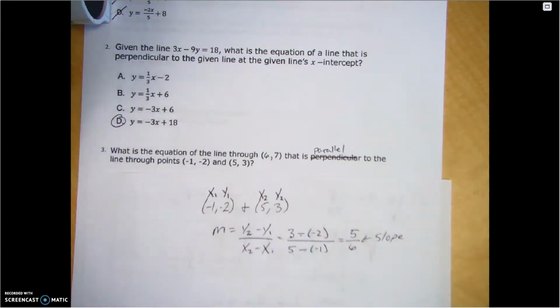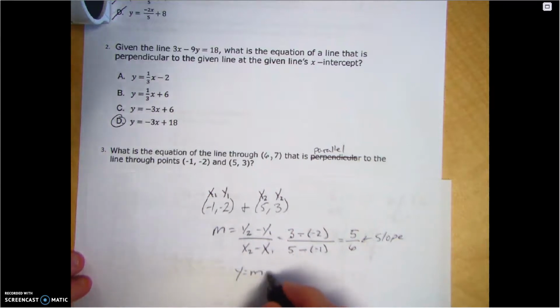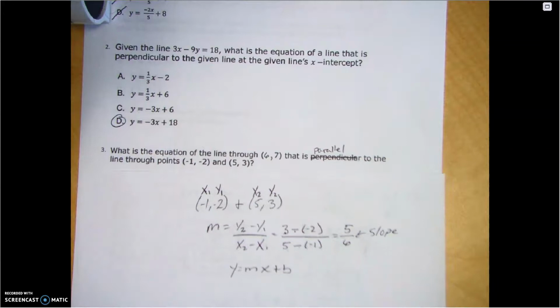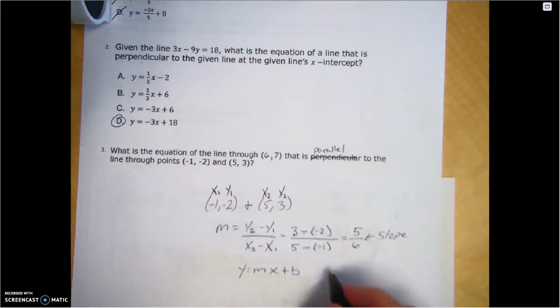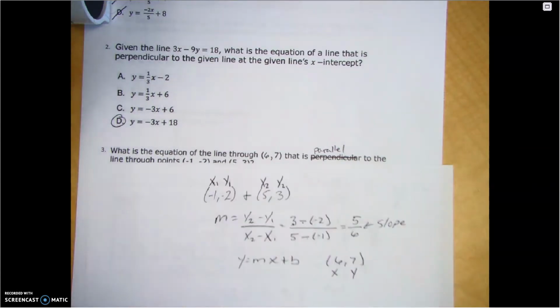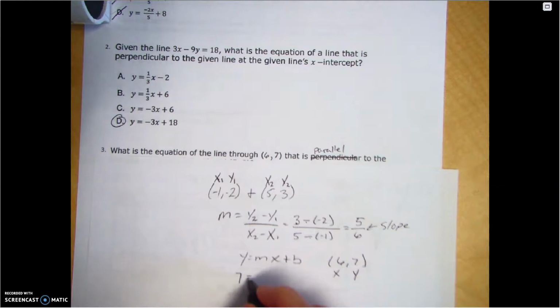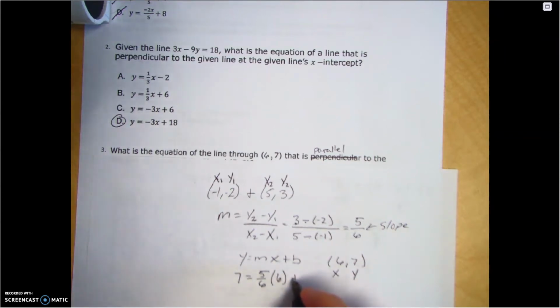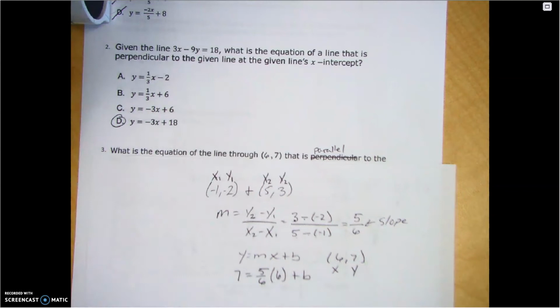And if it's parallel, I want to keep the same slope and put that slope into y equals mx plus b. I want to go through the points 6, 7. This is x, that is y. So my y is 7. My slope is 5 over 6. My x is 6. I don't know b. So I'm going to bring down the 7.